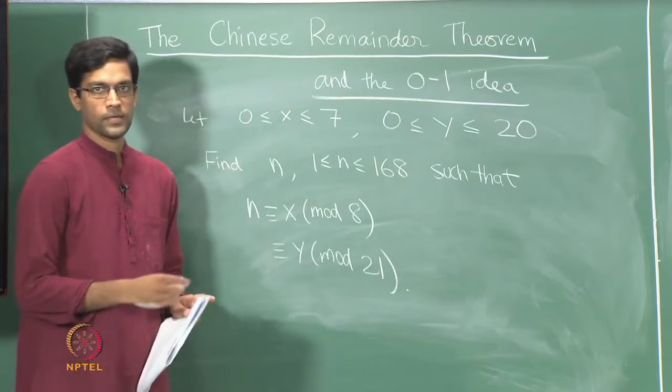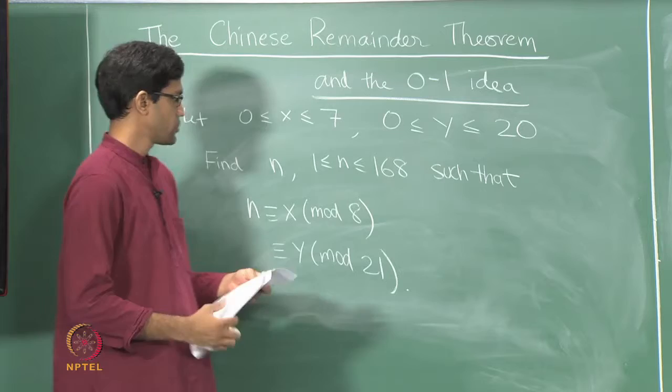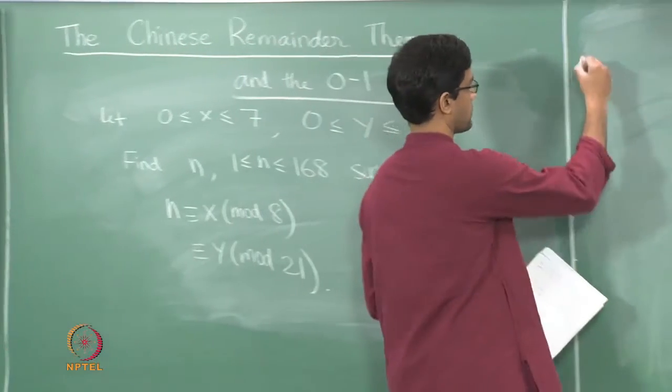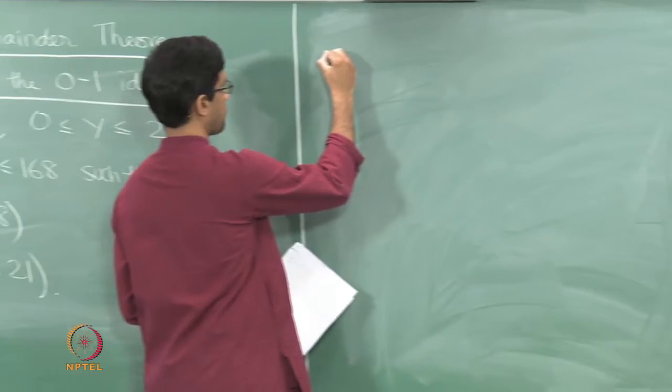Okay, so now let's bring in our 0-1 idea again. This is the general problem we are trying to solve, but suppose we could do the following. Let's try instead to solve two problems.